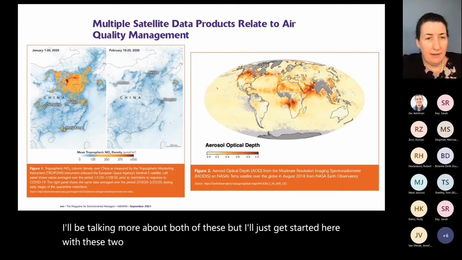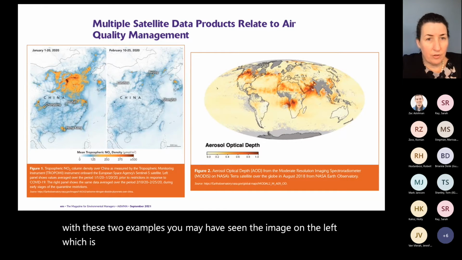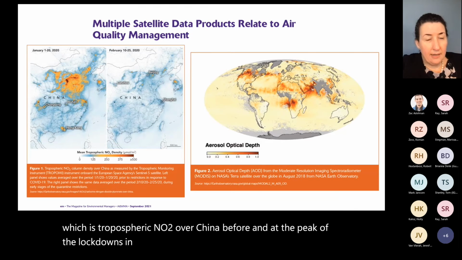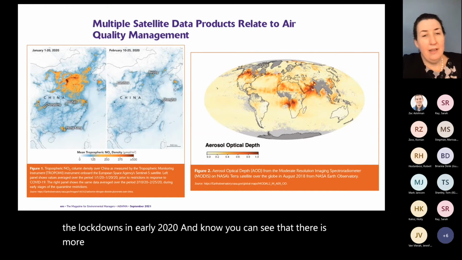You may have seen the image on the left, which is tropospheric NO2 over China before and at the peak of the lockdowns in early 2020. And you can see that there is more pollution in the left panel and less on the right panel.